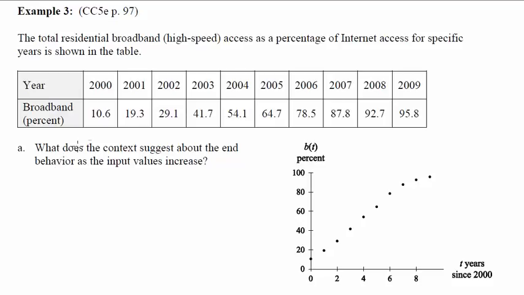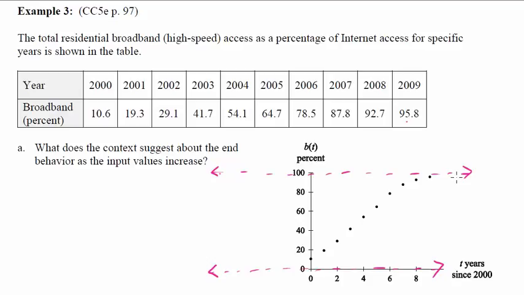And then there is an upper limit of 100% of internet access being through broadband. Now we might not get exactly 100 when we do the modeling, but from the context we see that there are limiting values, so I would go with logistic because I have an inflection point and limiting values.